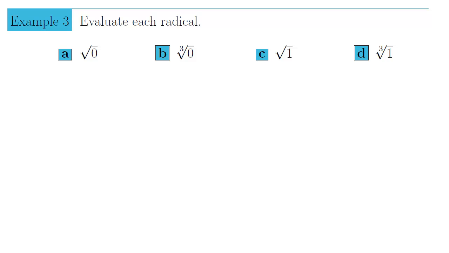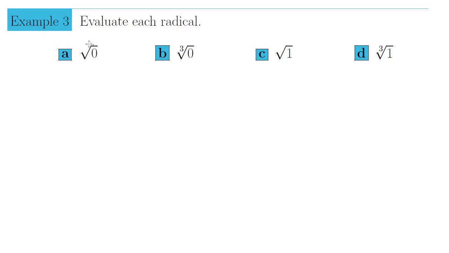Okay, so here's our third example. It should go a little bit quicker than the other ones. The point of this example is to teach you that 0 and 1 aren't really special when you're dealing with radicals. There's nothing bad about taking the square root of 0 or the cube root of 0. There's no problems.